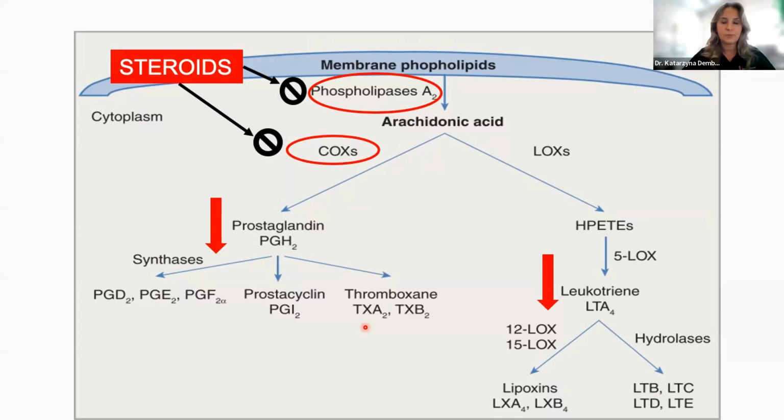And that includes suppression of the arachidonic acid cascade through inhibition of two enzymes, phospholipase A2, as well as cyclooxygenase. And this results in decreased production of several classes of inflammatory mediators, including leukotrienes and prostaglandins.